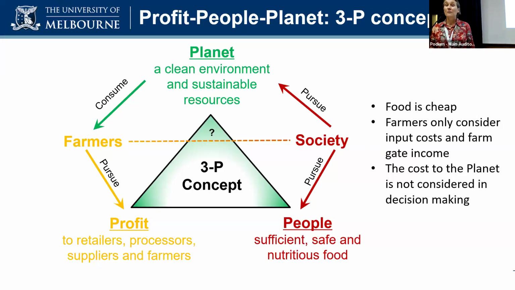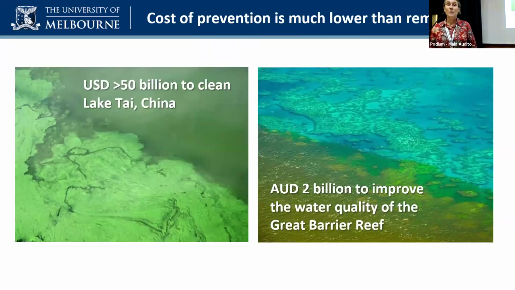So at the moment, food is cheap. Farmers only really consider input costs and farm gate income, and the societal costs, the cost of the planet, are not considered in decision making. And as with most things, the cost of prevention is much lower than the remediation costs.